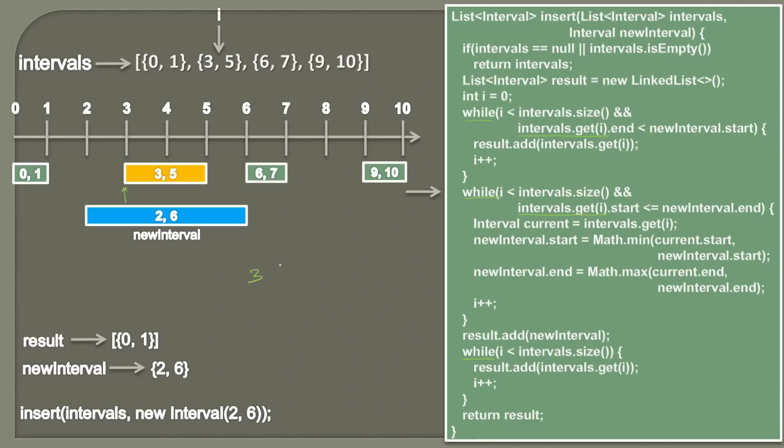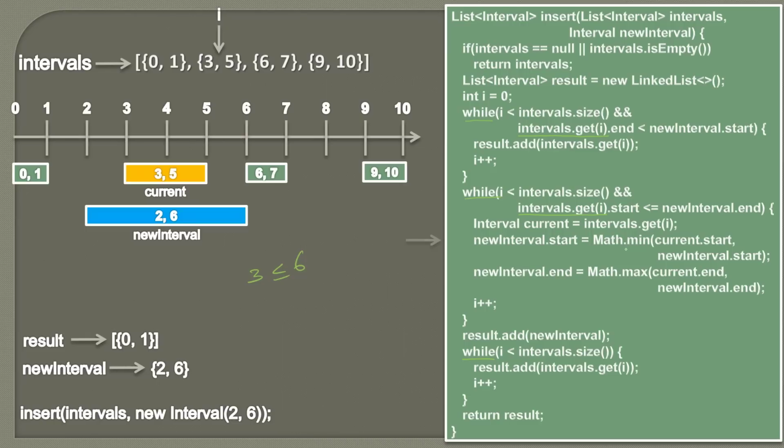So 3 is less than or equal to new interval.end, which is 6. So which is true. So it means these two intervals are overlapping, which is being proved by this condition. And so the condition in while loop comes out to be true. So first we will get this interval 3, 5. We assign it to current like this.